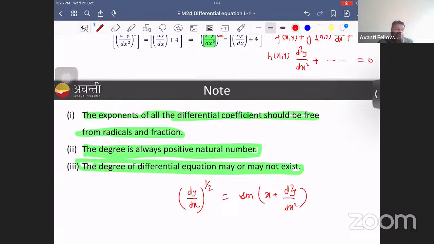Because if you take sine inverse to the left hand side, it will be sine inverse of dy by dx. Got it? So this is not in the form of polynomial of derivatives. So degree not defined. Am I clear?